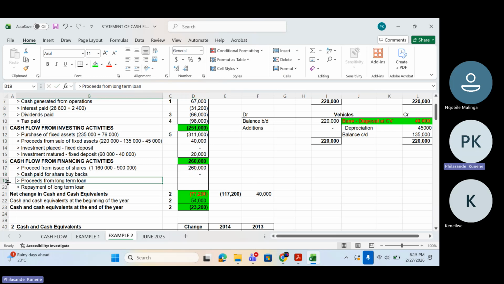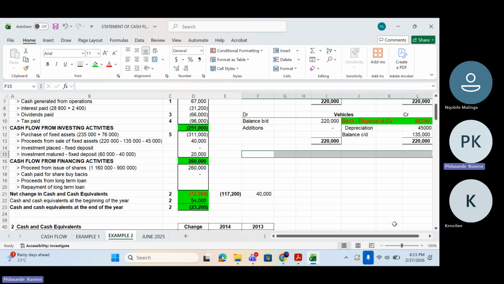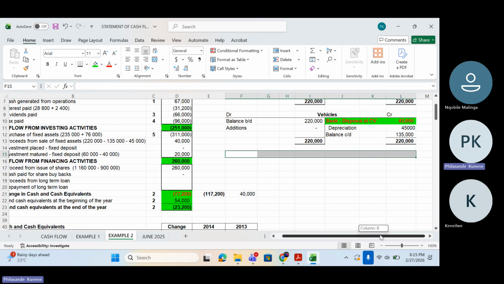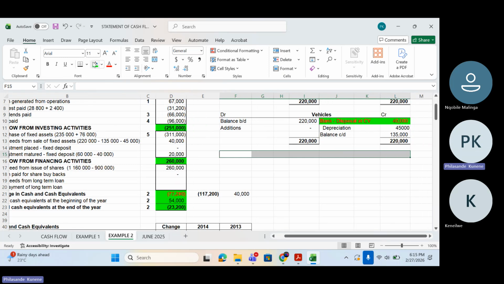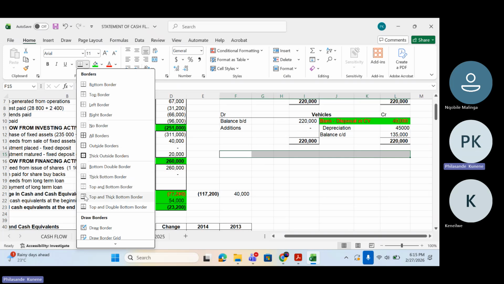Then proceeds from long-term loan. Long-term loan, we always have to do a T account. I always encourage us to do the T account when it comes to the long-term loan. So I'm just going to do a T account quickly here for us to be able to do our loans.